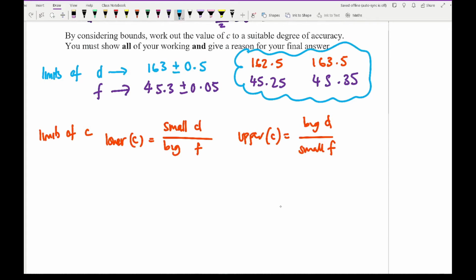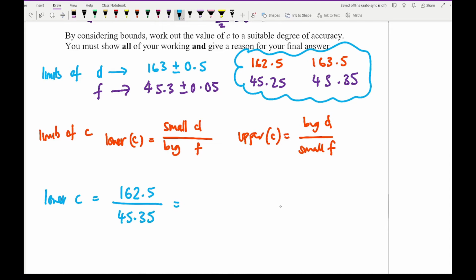So here, in terms of the lower limit of C, it's going to be the smallest D value, which is 162.5, over the biggest value of F, which is 45.35. And if I enter that on my calculator, I'm going to do so now.